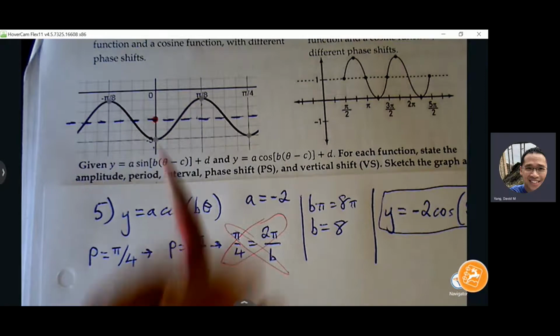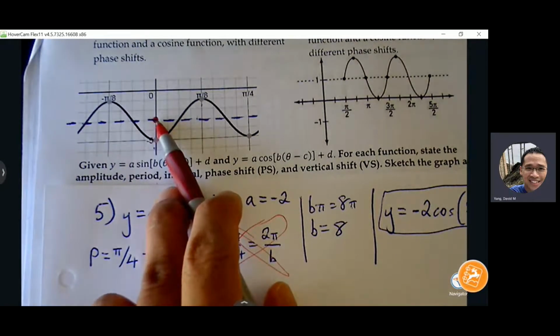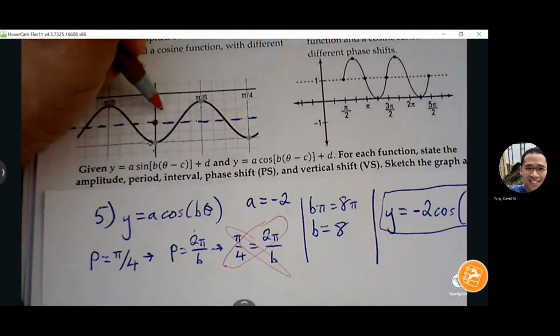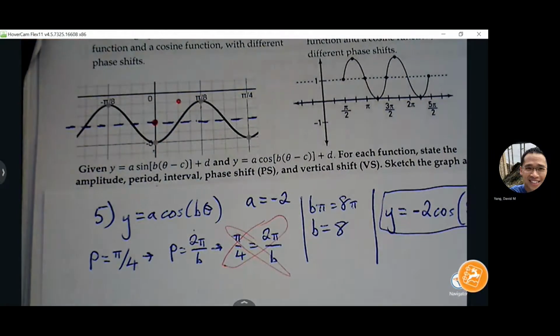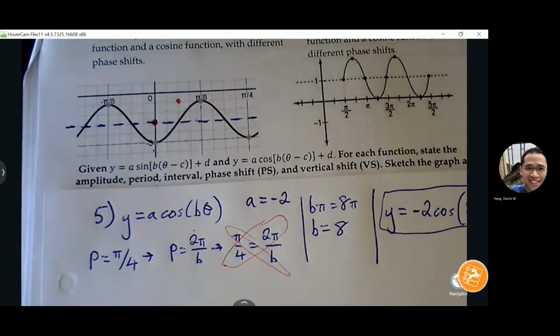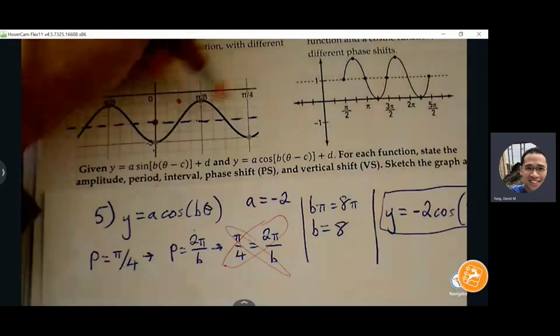So from the center, where's it going to go? To the maximum, right? Which is at 1. Then it goes back where? Center, right? Which is the dotted line.